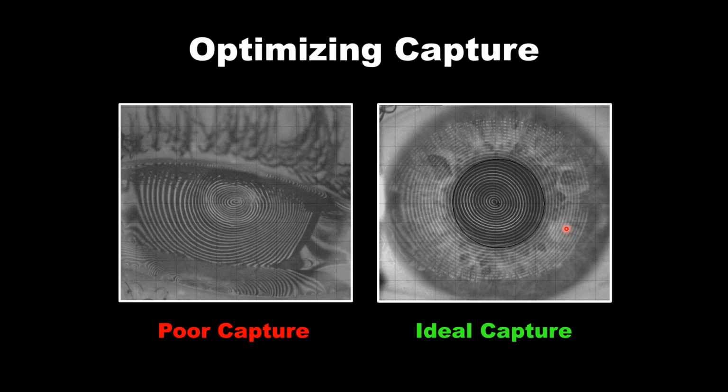Now, the next consideration is how much coverage we get. You see with this image on the left, we have a real problem with the lids covering much of the superior cornea and a portion of the inferior cornea. On the inferior side, you've got this huge tear film wedge that's limiting the reflection of the rings off the ocular surface.